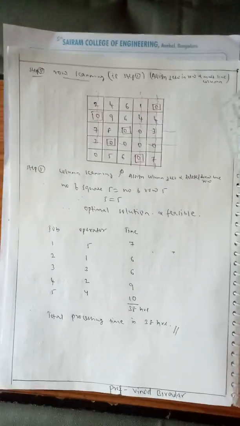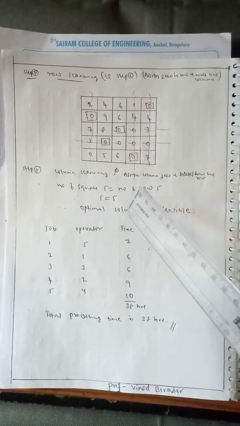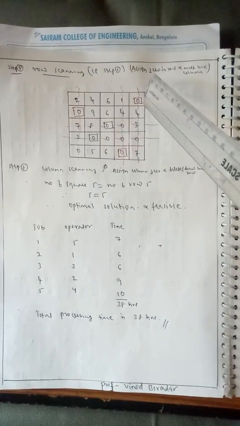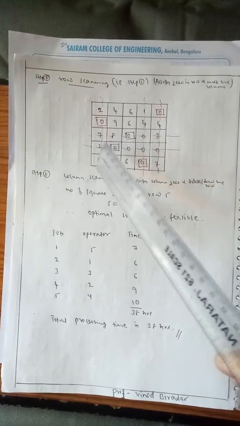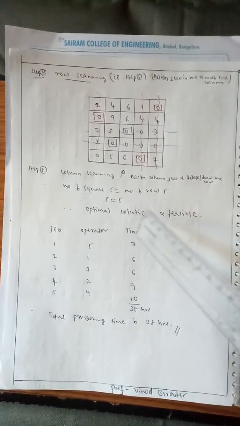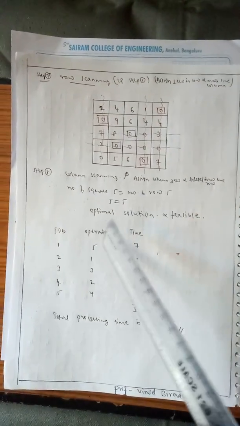So find the minimum total cost. There are jobs 1, 2, 3, 4, 5 and operators. So the first job is assigned to operator serial number 5, the second job is assigned to 1, the third job is assigned to 3, and the fourth one is assigned to 4. Write the time; these values are taken from the originally given matrix.